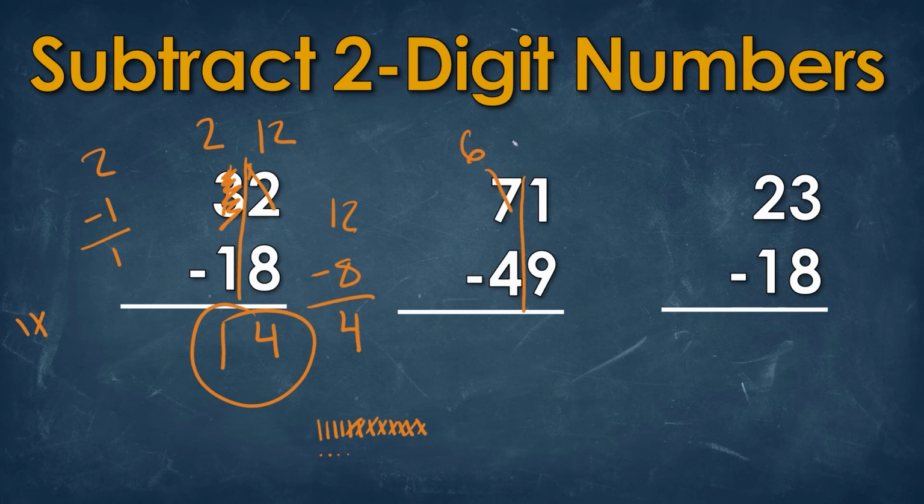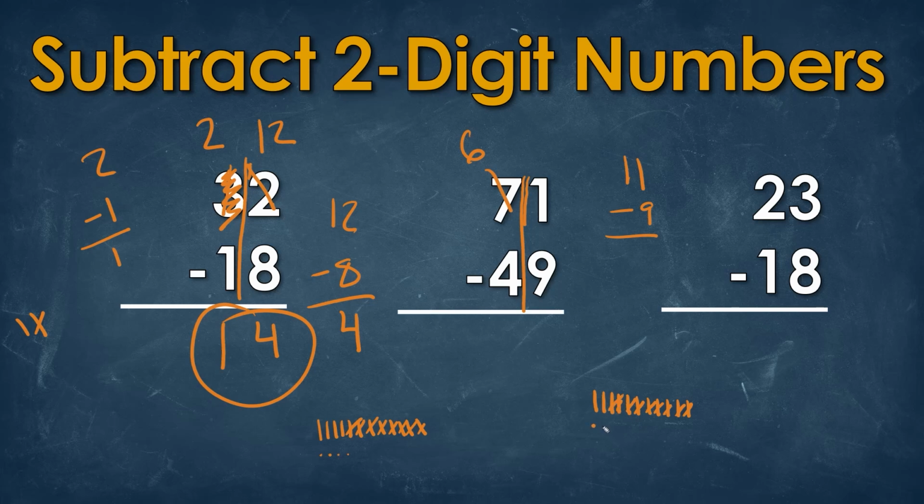And we move that 1 that should have been with the 7. We're going to put it in front of this 1 here. So we have 11 minus 9. Okay? So if we do the sticks, we have 1, 2, 3, 4, 5, 6, 7, 8, 9, 10, 11. Subtract 9. 1, 2, 3, 4, 5, 6, 7, 8, 9.